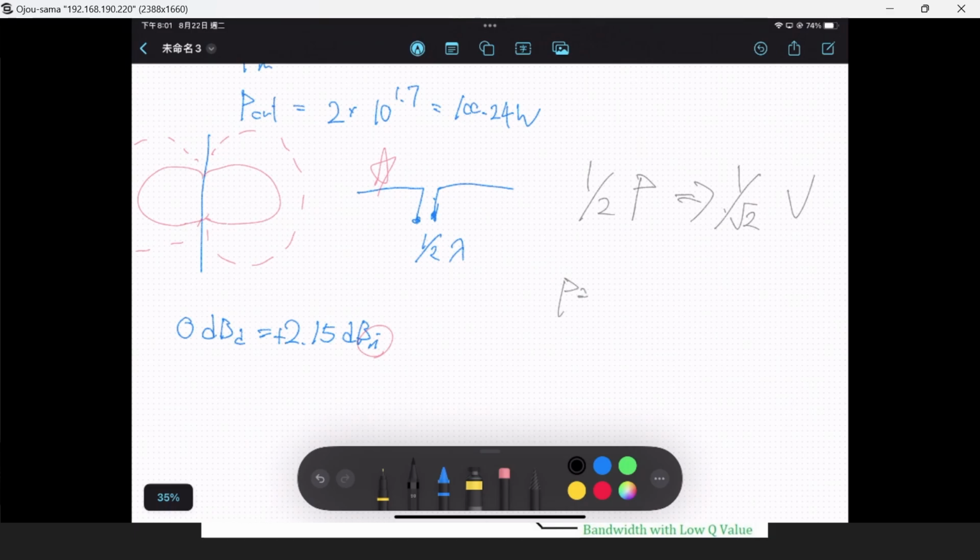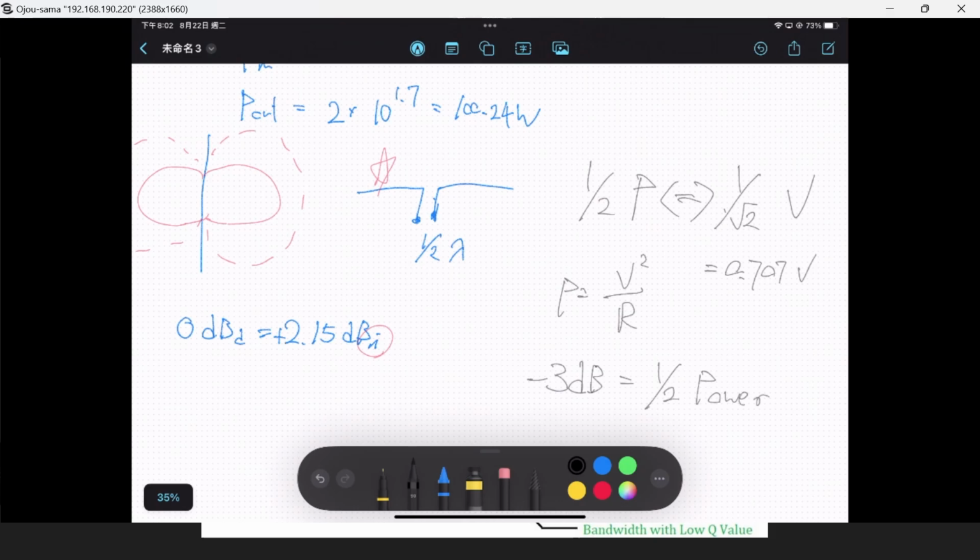P equals V squared over R, and R is a constant. So that's why half of power means 1/√2 voltage. You have to do the square root. And 1/√2 is 0.707 V. So at the negative 3 dB point, the power is halved.